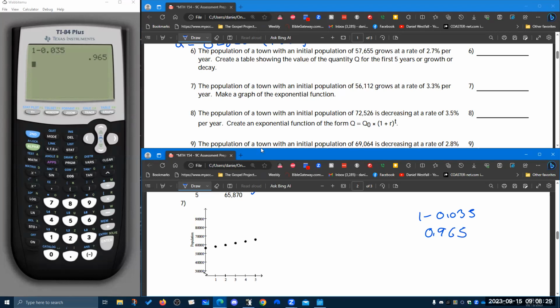So our equation here is 56,112 times 0.965 raised to the t. I'm sorry, that was this one down here. Decreasing, so this should have been a minus here, but this is Q equals 72,526 times 0.965 to the t.